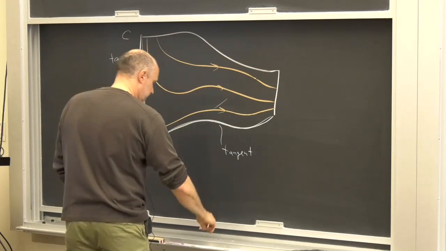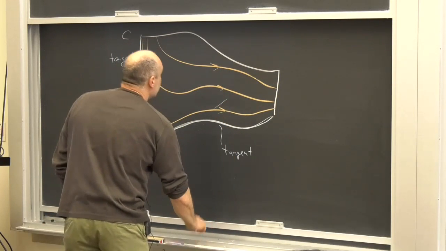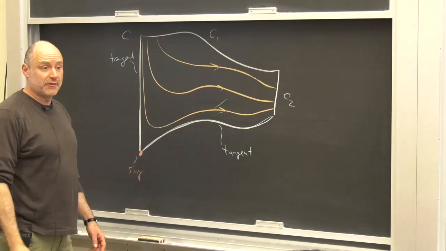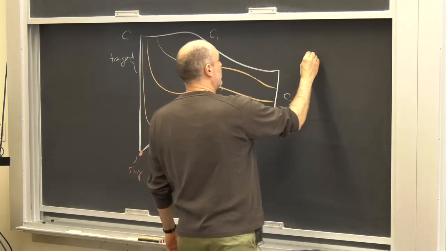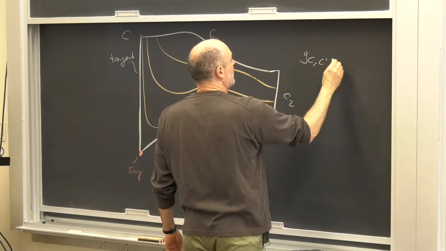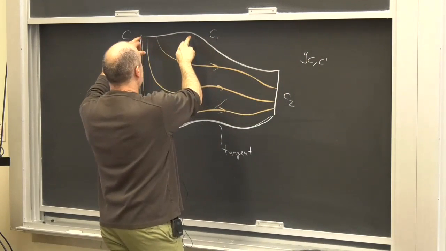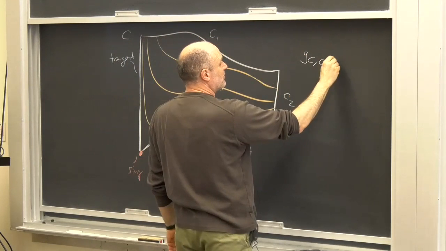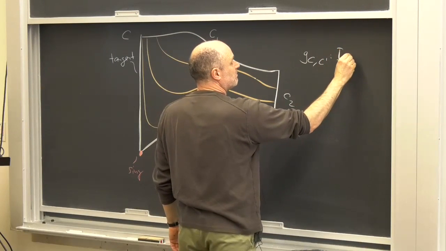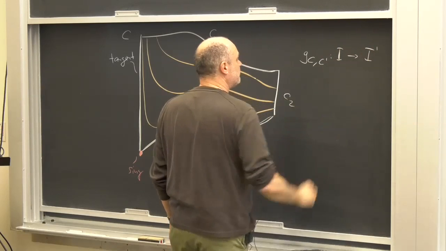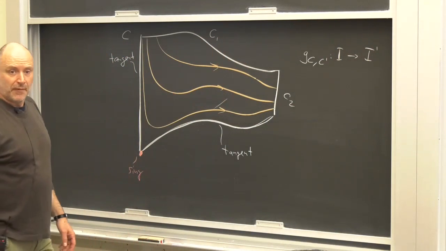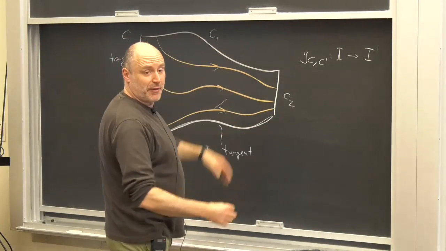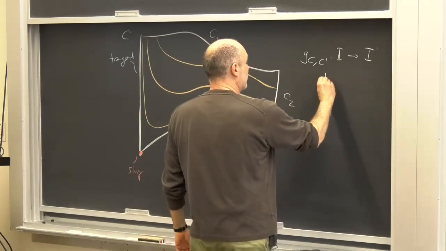Right, so if this cell up here is C1 and the cell on the side here is C2, both transverse, we have the map G_{C,C'}, which maps things from C into C' or from a subinterval of C to a subinterval of C'. And then what I did last time at the end is we transported this definably back to studying the germ of a function.